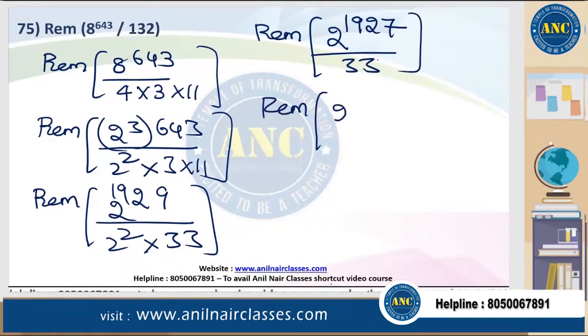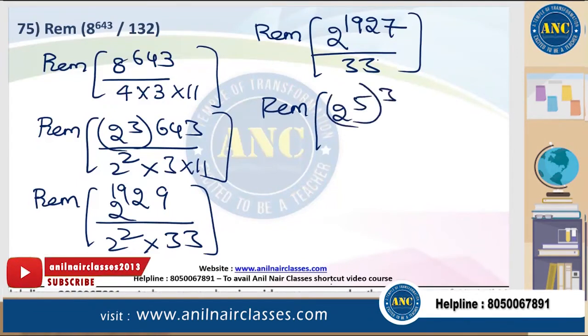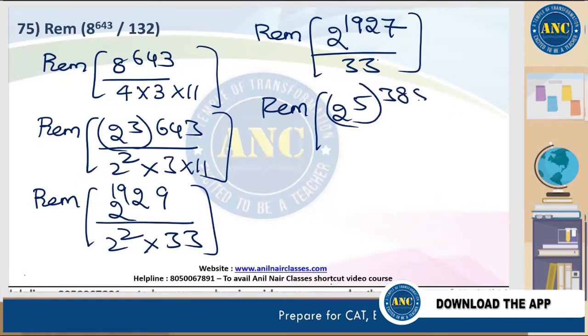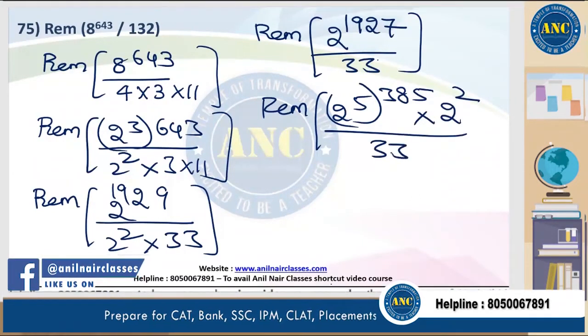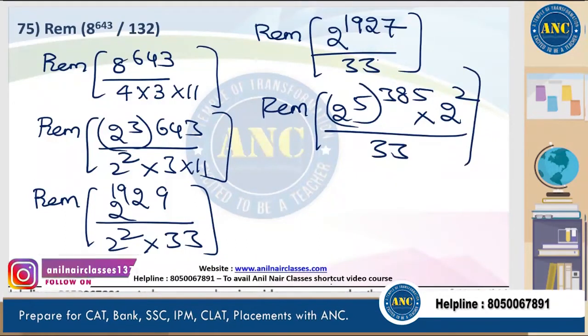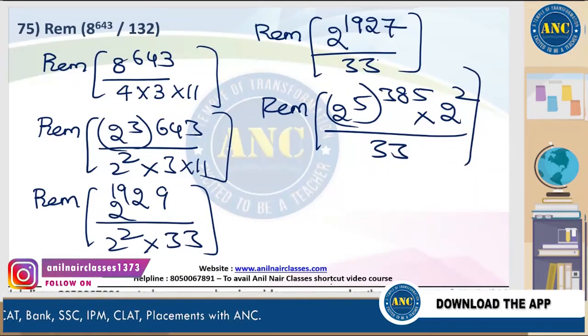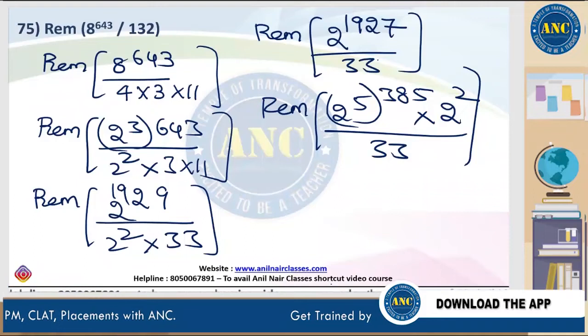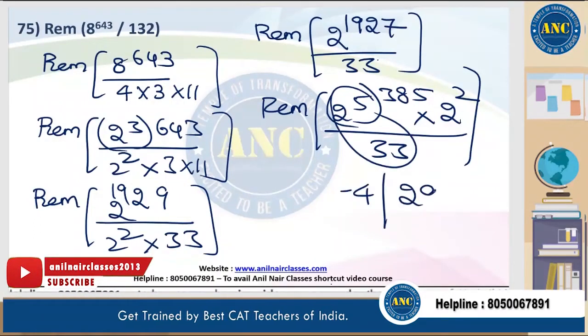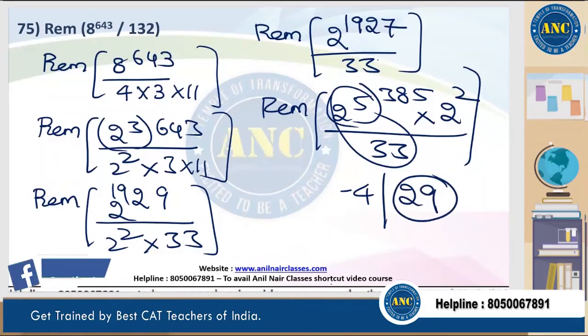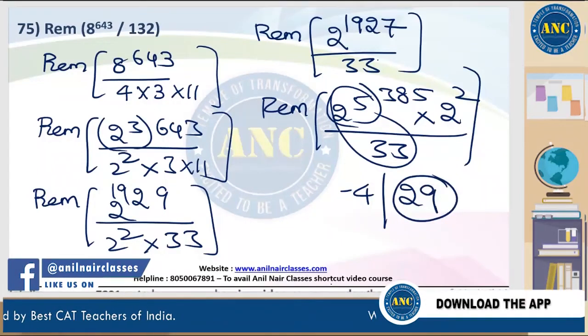So this will become remainder of 2 power 5. 5 3s are 15. 5 8s are 40 divided by 33. This minus 1 minus 4, answer is 29. Idea clear, right? Answer is 29.